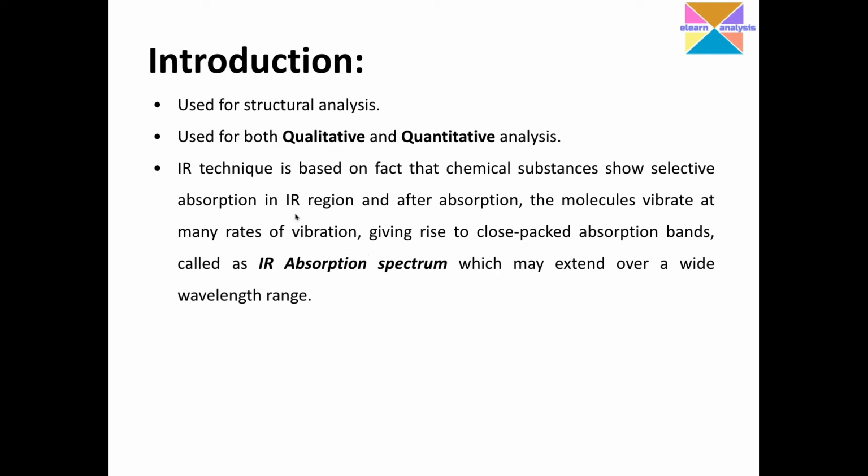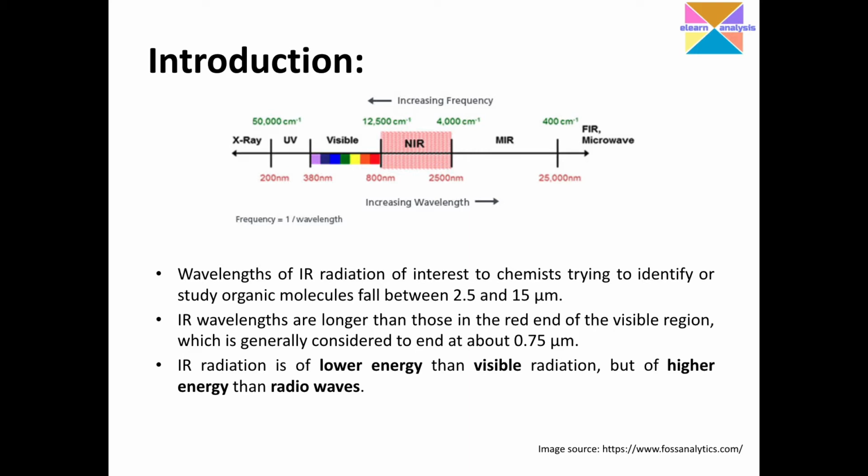That absorption of the radiation gives rise to these absorption bands. We call them the infrared absorption spectrum, and that happens over a wide wavelength region. We will see over what wavelength region this absorption really happens. I will show you the wavelength region of the infrared spectrum in this slide.